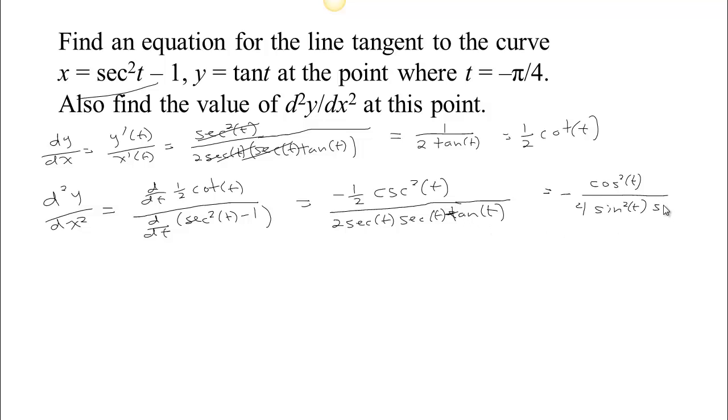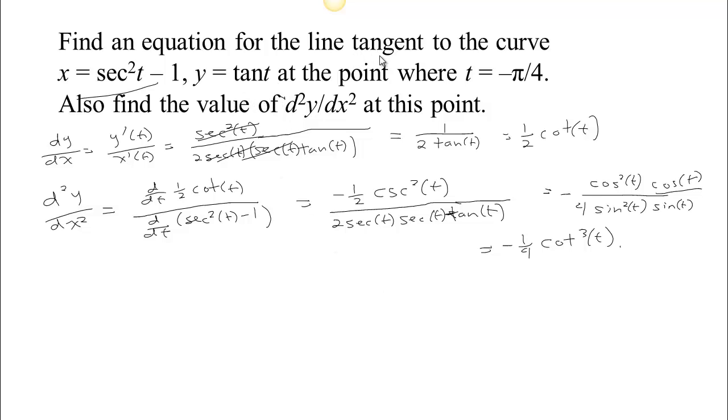So if it's downstairs, there's one sine downstairs, and there's a cosine upstairs. So we've simplified this now, and we can see, oh, cosine over sine is cotangent, so now we have negative 1/4 of the cotangent cubed of t. There's our second derivative. So we found the second derivative.